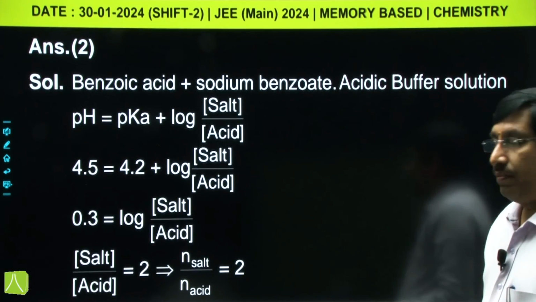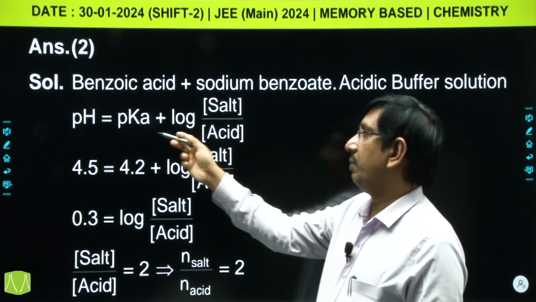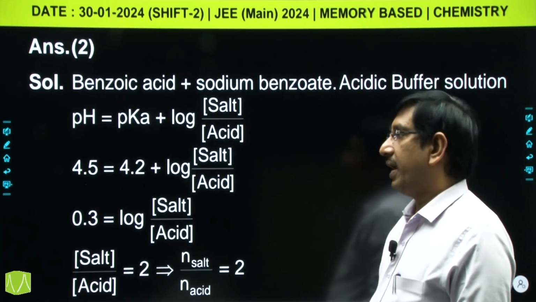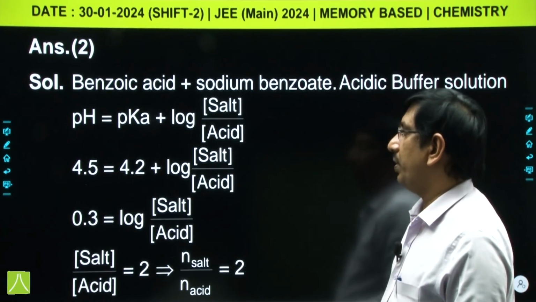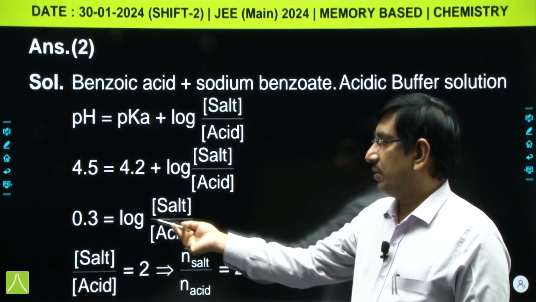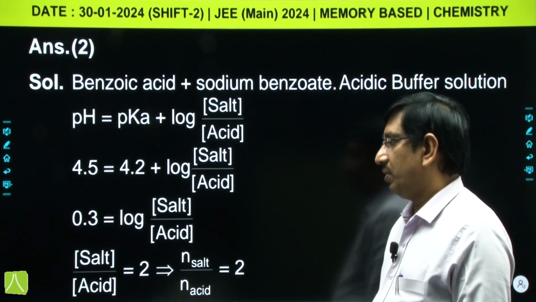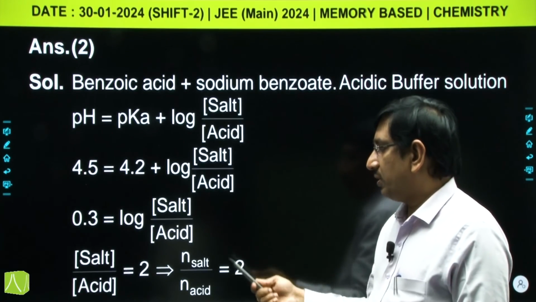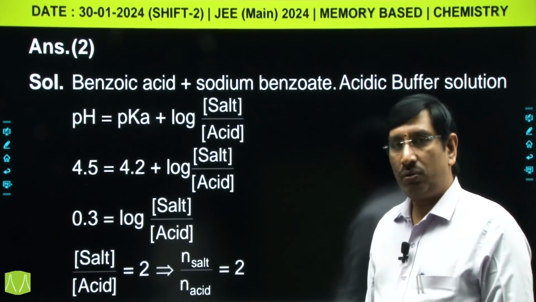Now from the buffer solution Henderson's equation you can write pH equal to pKa plus log salt concentration upon acid concentration. pH is given as 4.5, pKa is 4.2, log salt concentration upon acid concentration equals 0.3, so salt concentration upon acid concentration is equal to 2, and the ratio of moles of salt to moles of acid is also equal to 2.